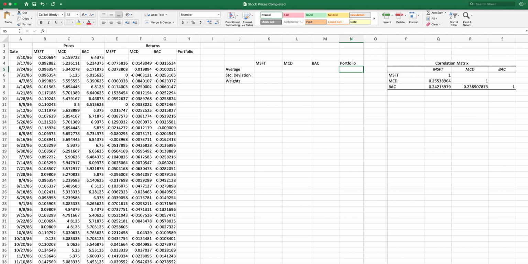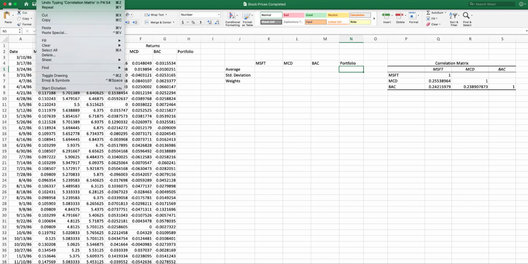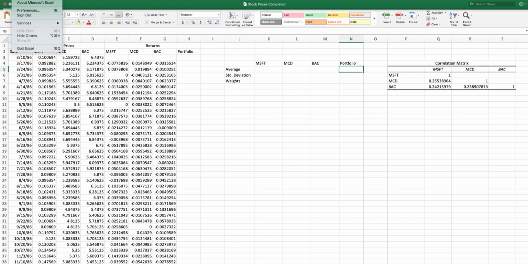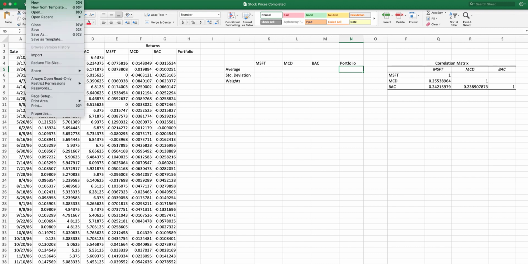In the last video, I mentioned that I'll show you how to install the add-ins to get Data Analysis and Solver add-ins. So these are instructions for if you're using a Mac on how to get these add-ins. If you're using Excel on Windows, then usually under File over here, you get an option of Excel Options, and from there you can go to Add-ins.